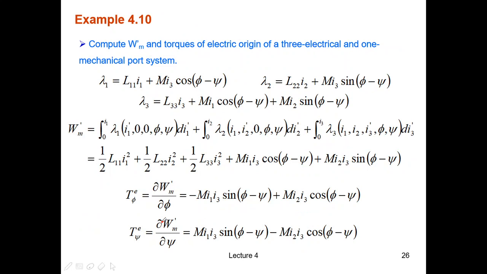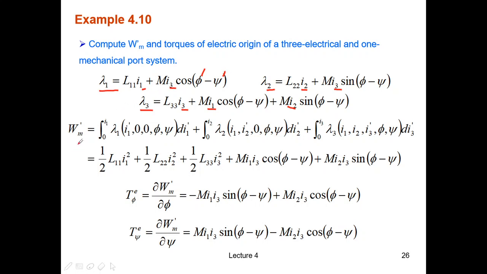Here we have an example, so you see how we apply it. To make it short, we give you the function lambda 1 as a function of I1, I2 and I3, lambda 2 is a function of I1, I2 and I3, and lambda 3 is also a function of those three currents. We have here two mechanical angles, phi and psi.